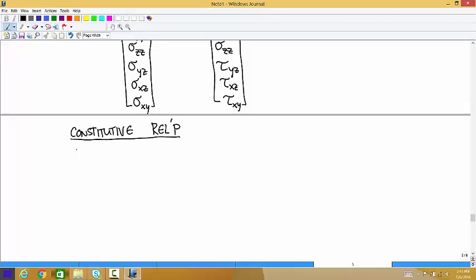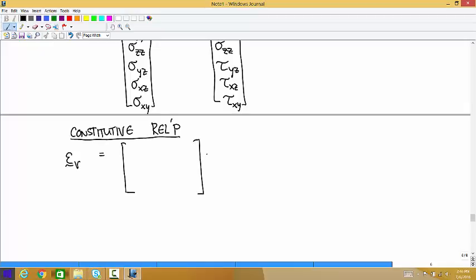And the relationship we're going to use is that if you set up the strain in the Voigt form, that's equal to a matrix times the stress in the Voigt form. These two are each like 6-element vectors.